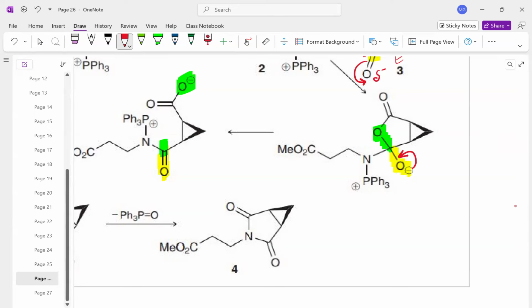Now, if I do that and just leave it, what would be so bad about that carbon I just put a red dot on? It'd have too many electrons. So I'm going to do a common mechanistic step, have a leaving group leave, and now that oxygen is no longer bonded to that carbon. The oxygen in green, that bond got broken so that there isn't any violation of the octet rule.